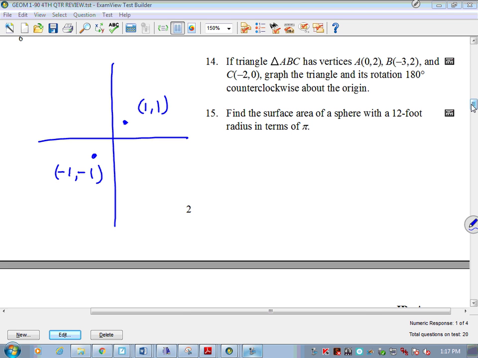They both change signs. They don't flip locations. They just change. So what I'm going to get is 0, negative 2, because 0 doesn't have a negative. I'm going to get 3, negative 2, and 2, negative 0. Kidding, just 0.